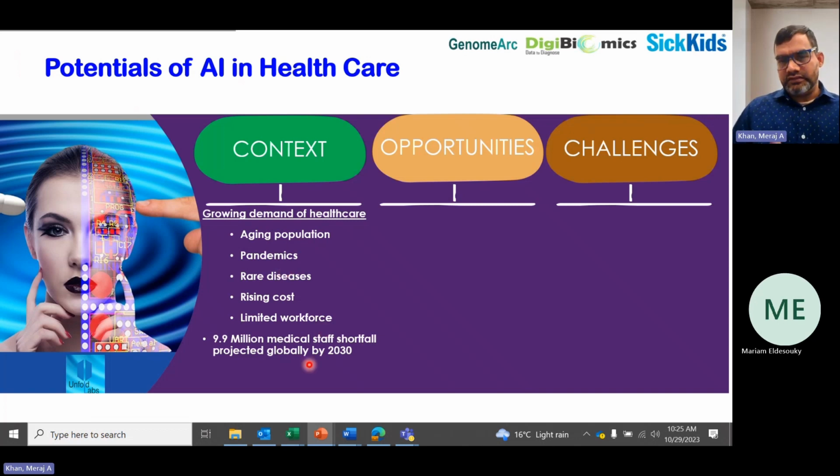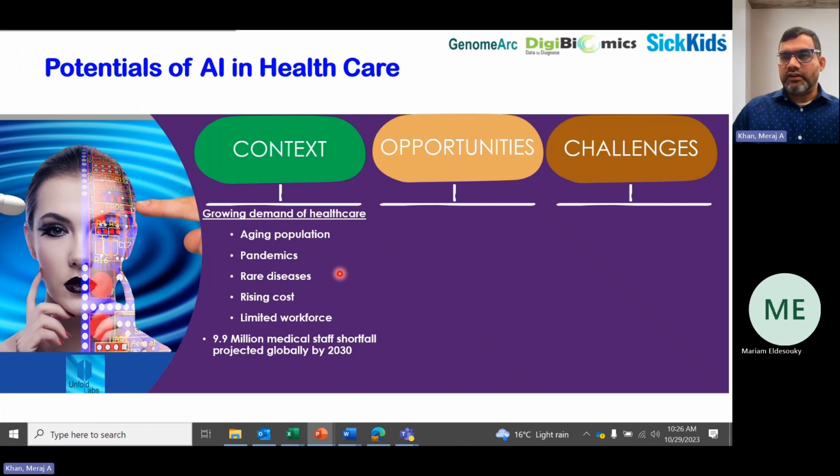AI means data analytics and the use of technology to find recommendations or information. There's a need for AI because of the aging population. We have recently gone through the pandemic. There is a problem of rare diseases.